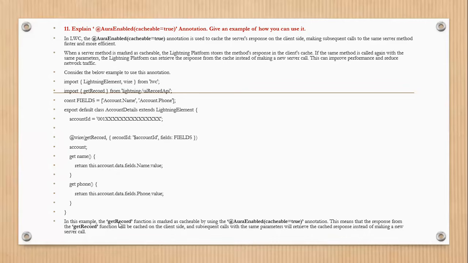In this example, the getRecord function is made cacheable by using the @AuraEnabled cacheable=true annotation. This means that the response from the getRecord function will be cached on the client side, and subsequent calls with the same parameters will retrieve the cached response instead of making new server calls.